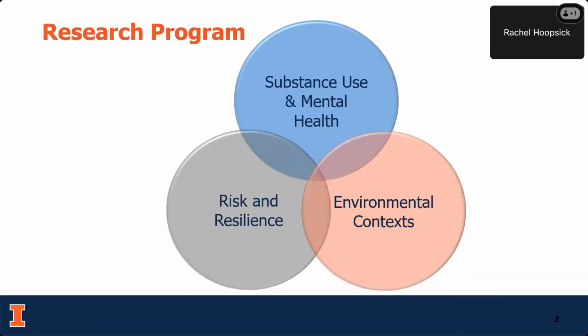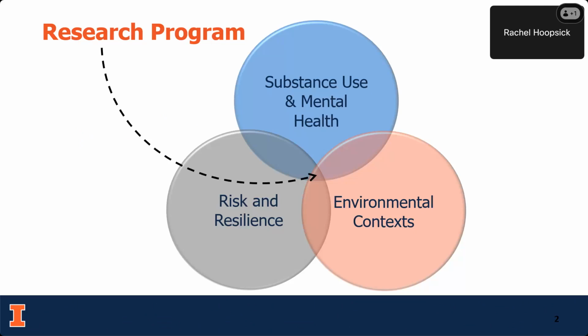So just as a broad overview, my program of research examines the intersection of substance use and mental health and factors that contribute to people's risk and resilience for adverse outcomes, as well as the environmental contexts that shape people's behaviors, relationships, and health, right? It's all dynamic. We don't live in a bubble.